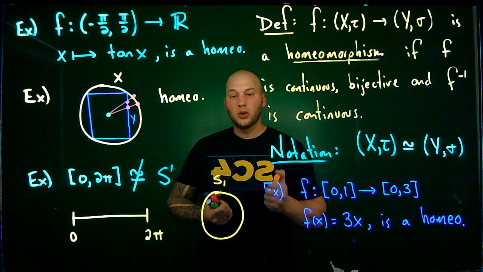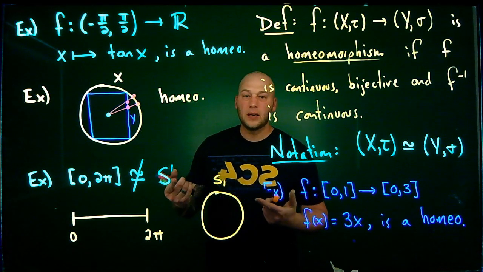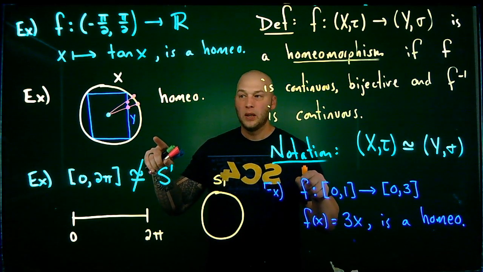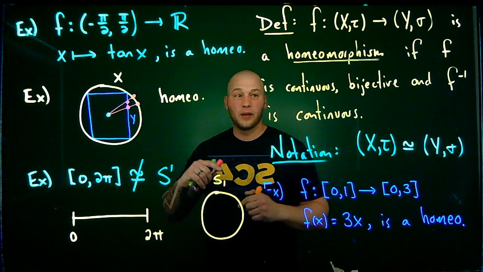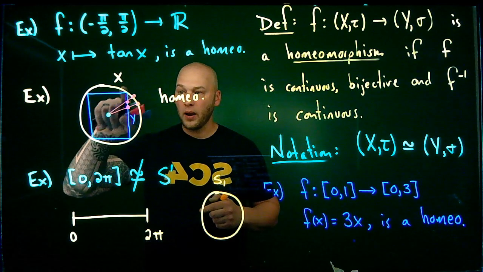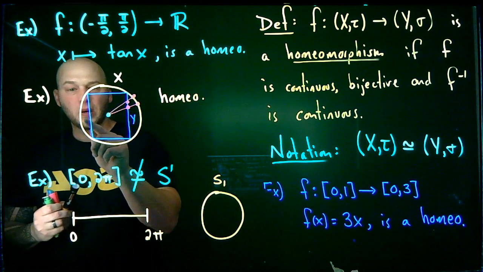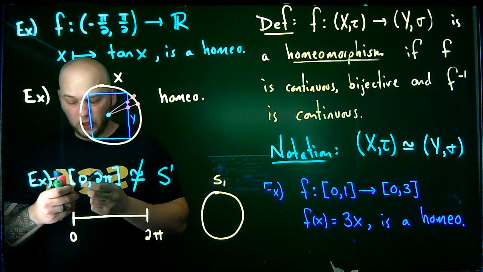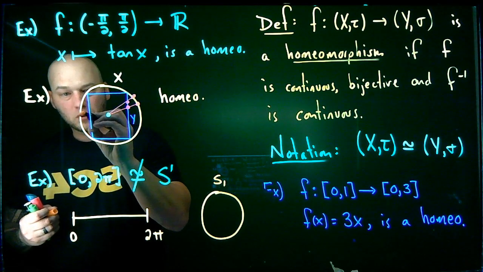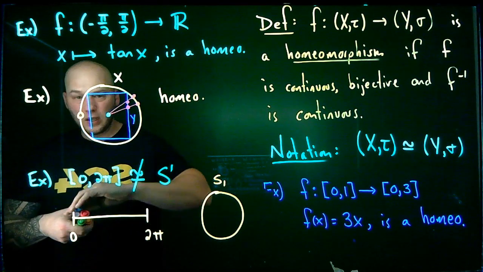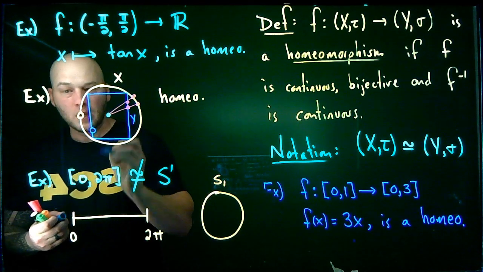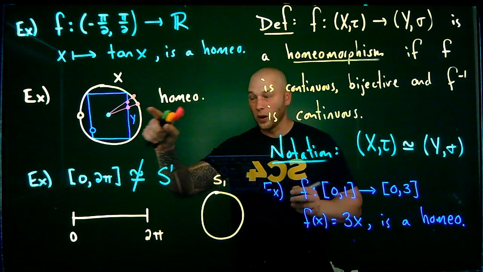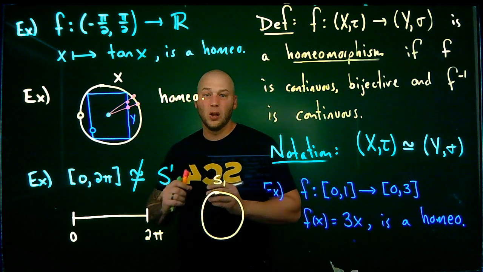Now, what we can show, and I'm not going to do it in this current video, is that if I have a homeomorphism between two topological spaces, for example, between the square and the circle, and I were to remove a point, it doesn't really matter where, but just for sake of discussion, let's say I remove these two points, then those two topological spaces, the circle with a point removed and the square with a point removed, are still homeomorphic.